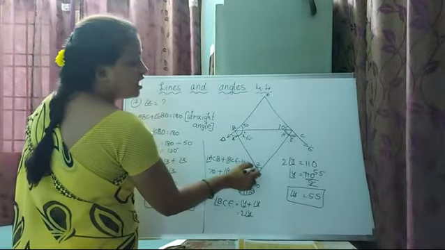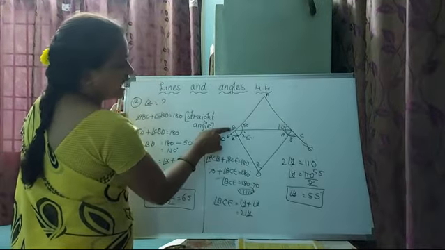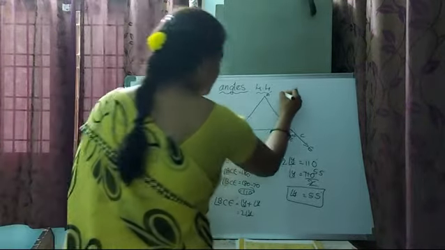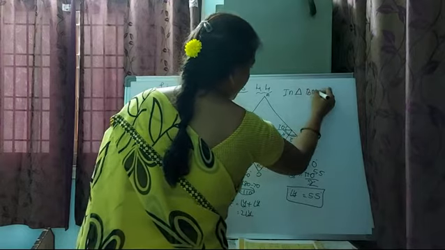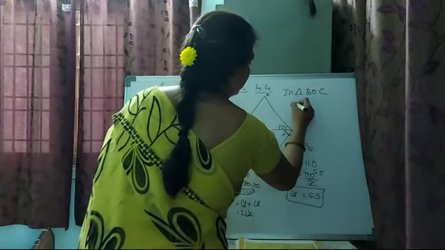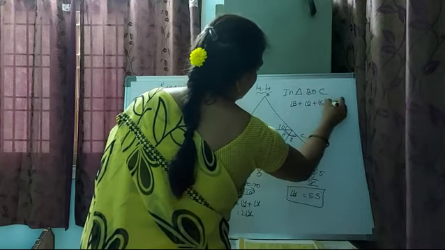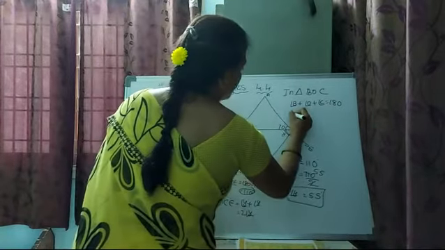So we don't want X and Y. We want Z. How to find out Z? See, if you observe this triangle BOC, in triangle BOC, angle B plus angle O plus angle C is equal to 180. Angle B is 65.